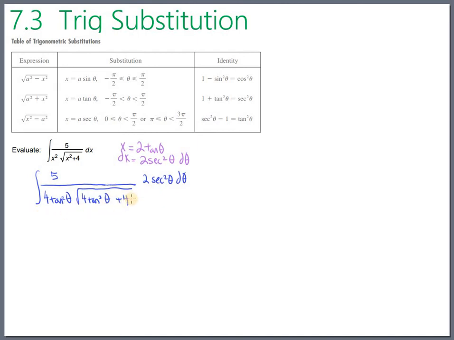The important part, of course, is this square root here, and the usual trick applies here, which is to factor the 4. As I rewrite this, I'm going to clean up the top a little bit too. This is all over 1, so this stuff goes to the top. So on top we've got 10 secant squared theta, and I'm just going to leave the d theta out on the end.